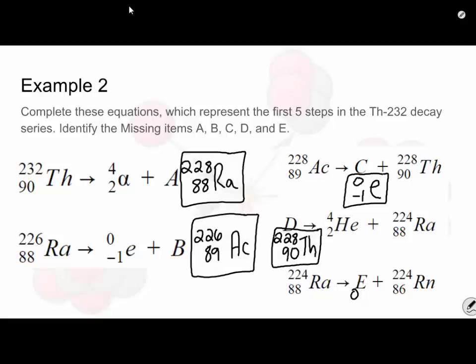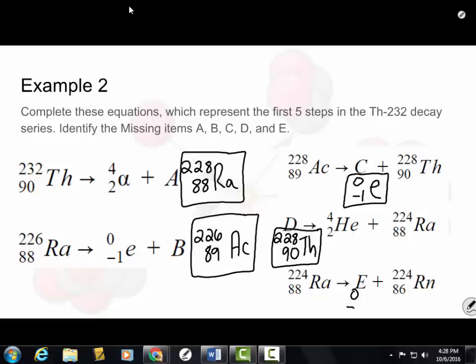But we would put in a negative, let's make that an 87. Nope, 89. So 89 plus what gives us 88? So we'd say negative 1. So our answer for E is our beta particle, 0 over negative 1 e. So again, our goal is to get the top numbers and the bottom numbers on both sides to sum to the same thing.